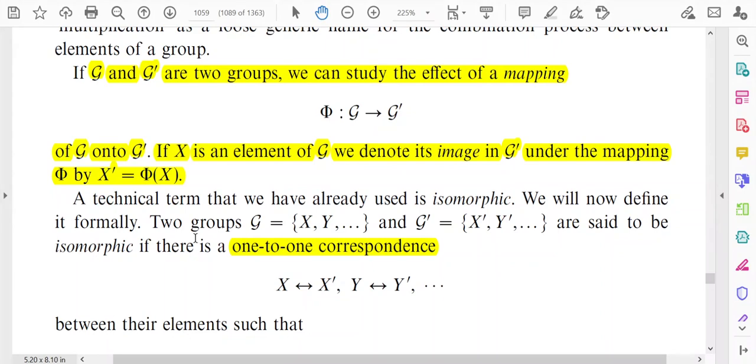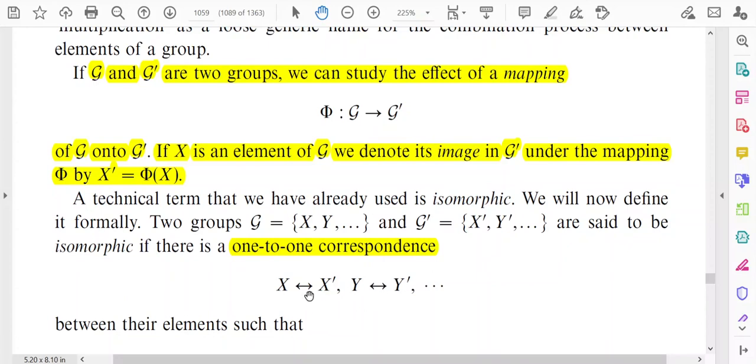So let us consider two groups. One group is G equal to X, Y and so on, and the group G prime is equal to X prime, Y prime and so on. G and G prime are said to be isomorphic if there is a one-to-one correspondence between the elements.